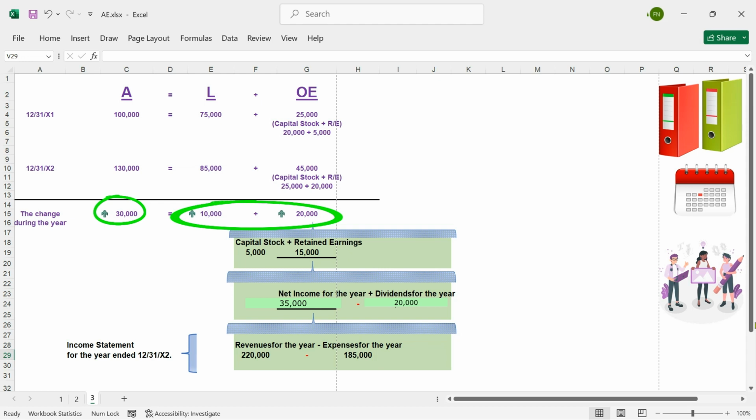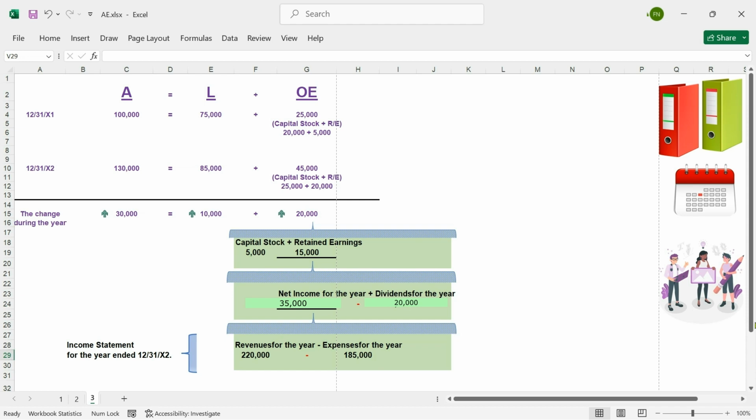And that is true here, at least mathematically speaking. The change in total assets was an increase of 30, liabilities increased by 10, and owner's equity increased by 20, so both sides of the equation are in balance in this particular case.